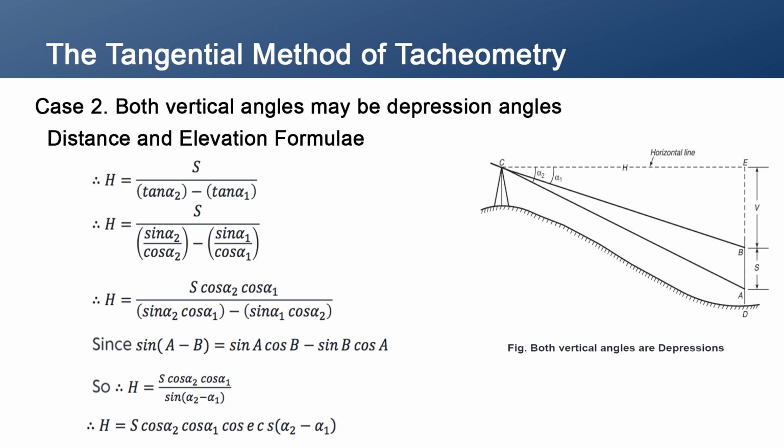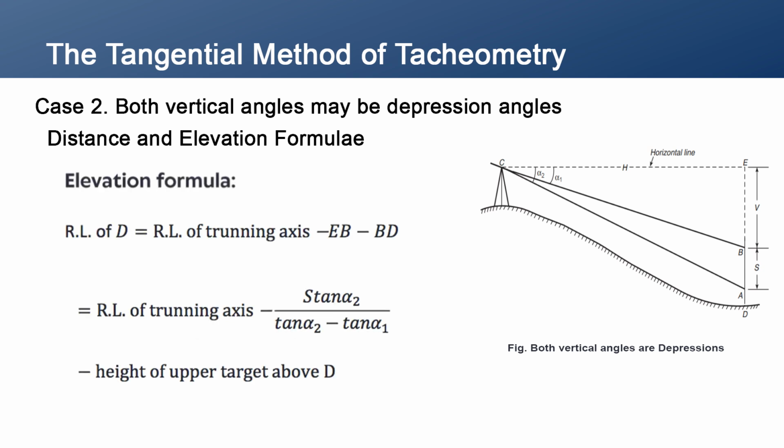We know sine (A minus B) is equal to sine A cos B minus sine B cos A. Therefore, H is equal to S cos alpha 2 cos alpha 1 by sine (alpha 2 minus alpha 1). This finally gives the solution H is equal to S cos alpha 2 cos alpha 1 by sine of (alpha 2 minus alpha 1).